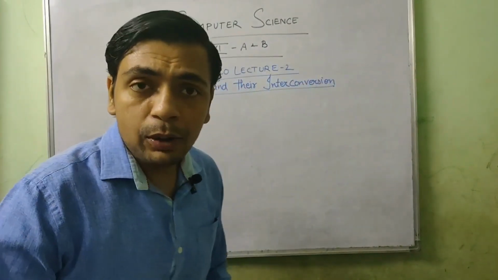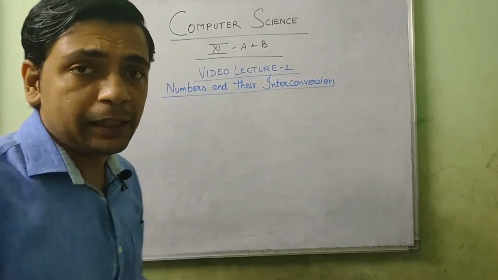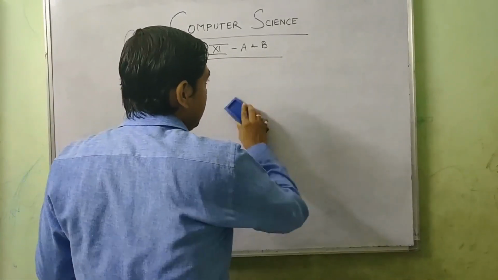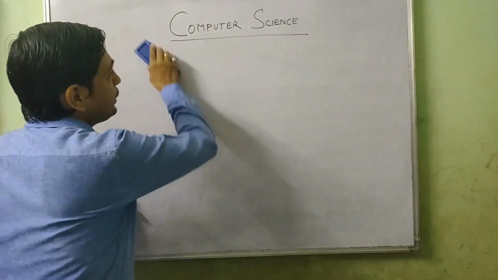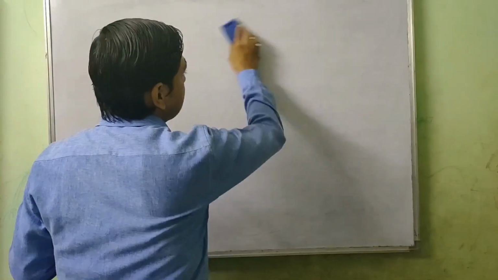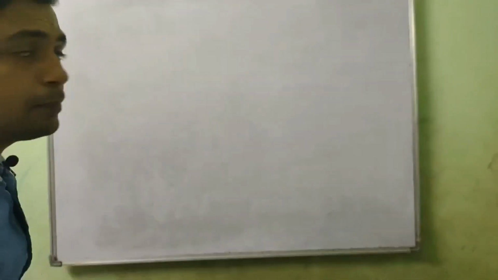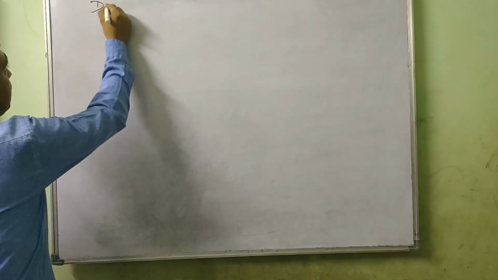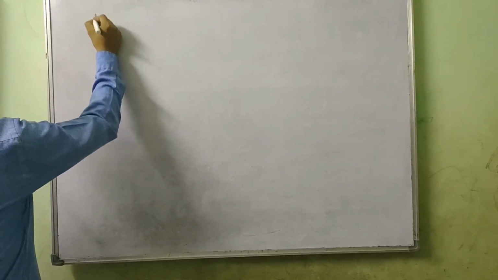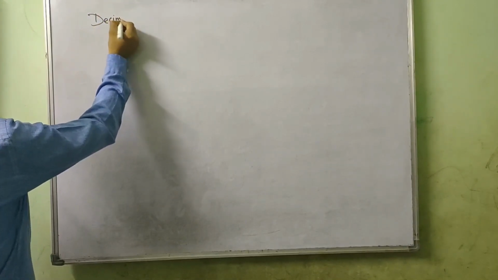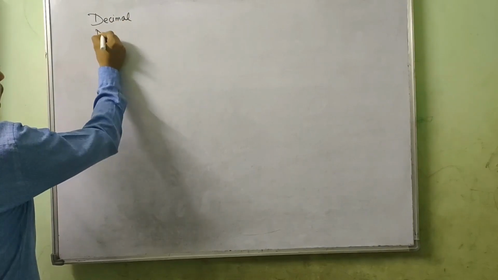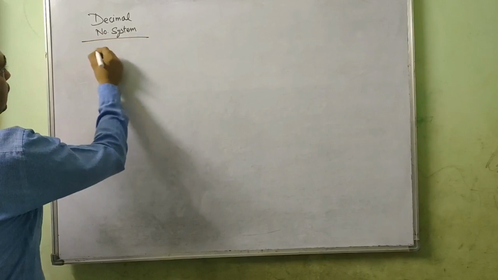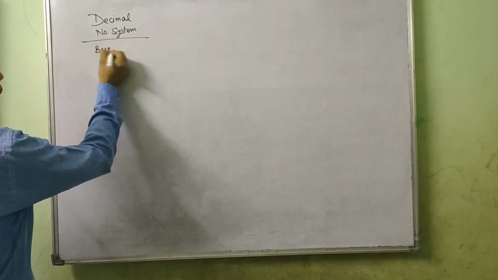So how do we form numbers in a specific number system? The way to form numbers is noting down all the digits available in that number system, from the smallest digit to the largest digit. For example, the decimal number system on which we work in mathematics has 10 as the base or radix.